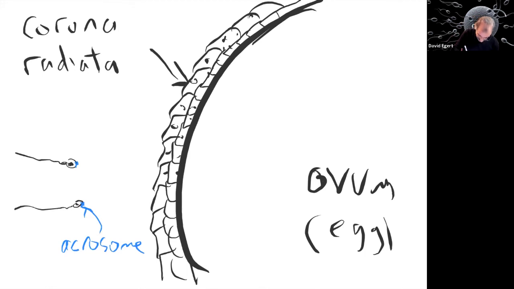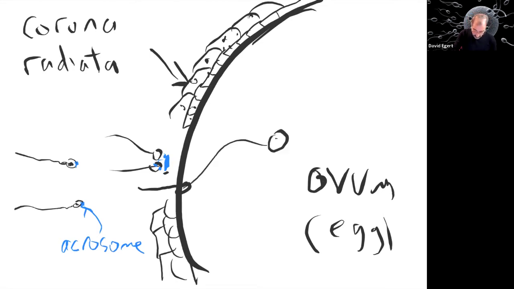So as these little dudes all start coming in and they release these enzymes, it'll start chewing away at those cells there. So ultimately, one of these little dudes is going to be able to go, boom, make it in, and puts its nucleus in to join with the DNA of the mom.